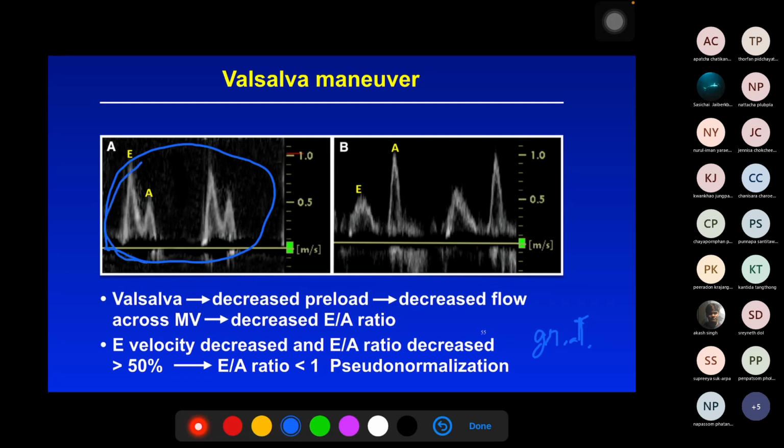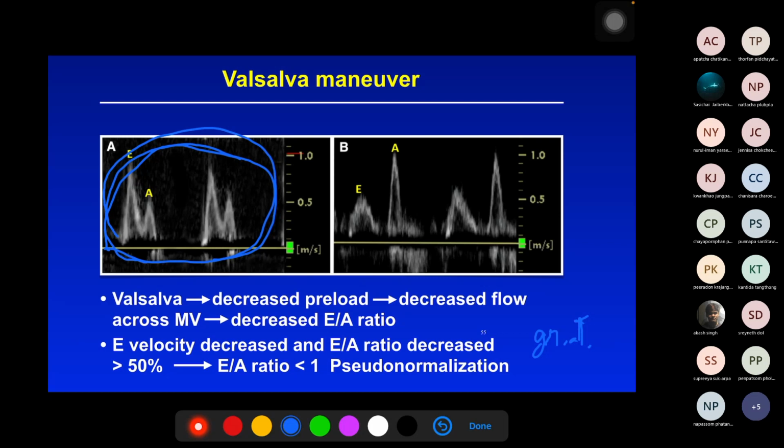So how do you differentiate? If the patient has an enlarged LA or a high LA volume index, you might suspect this could be pseudo-normalization or grade 2 diastolic dysfunction. So you ask the patient to perform the Valsalva maneuver to differentiate between these.